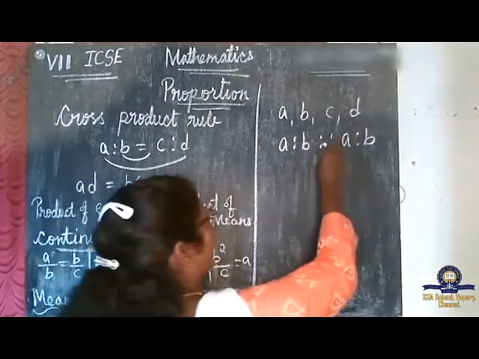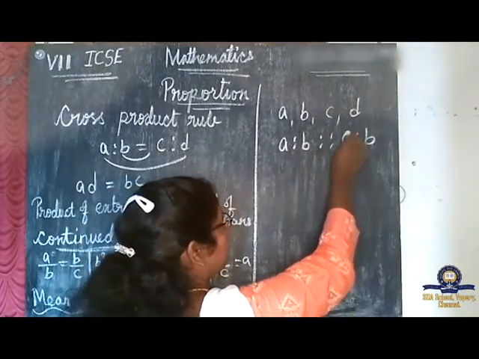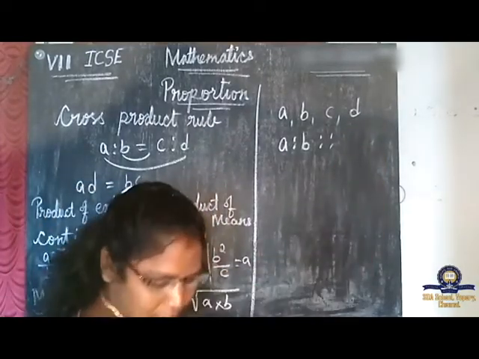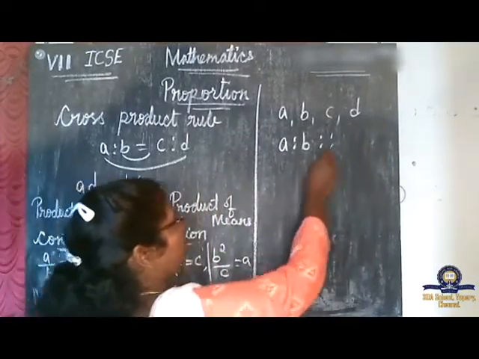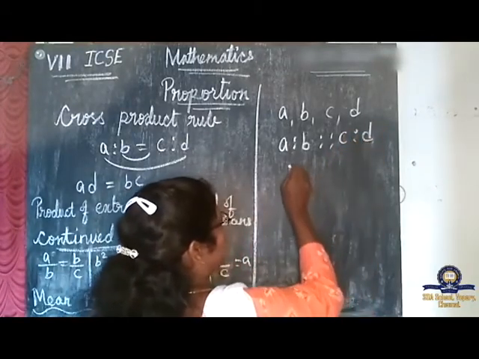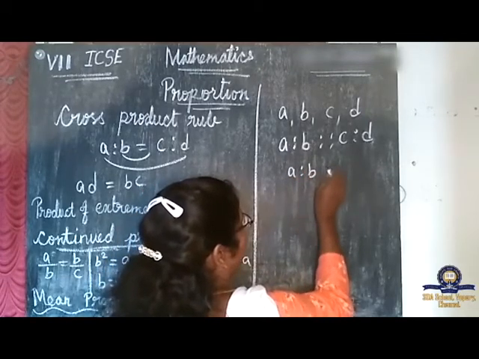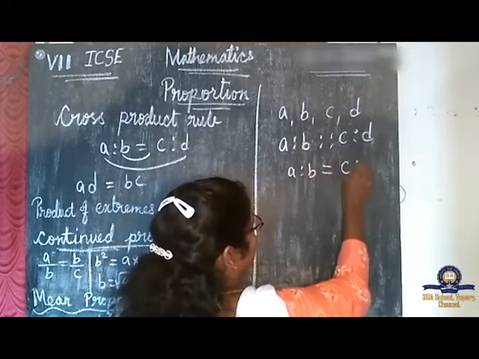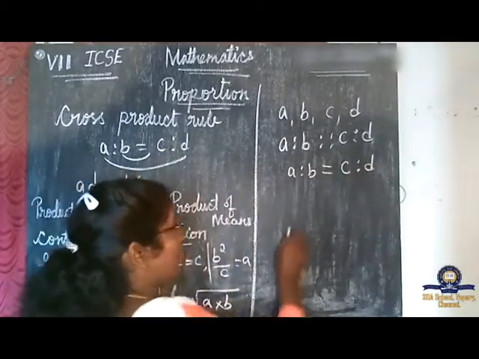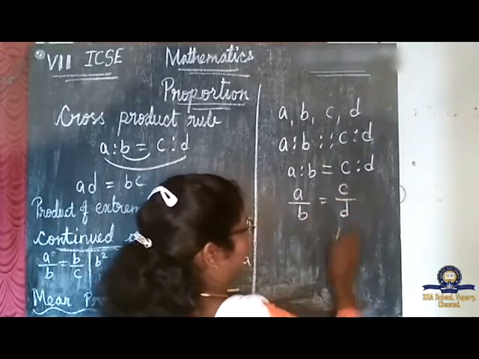This can be written as A is to B proportional to C is to D. This also can be written as A is to B is equal to C is to D. This also can be written as A by B is equal to C by D.